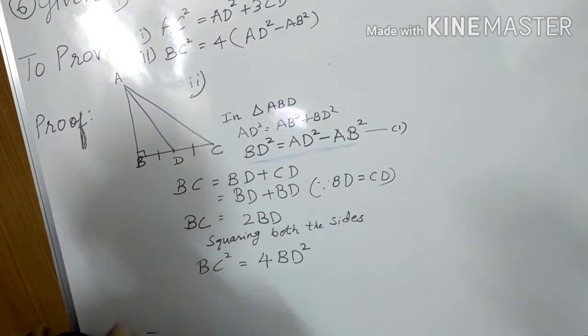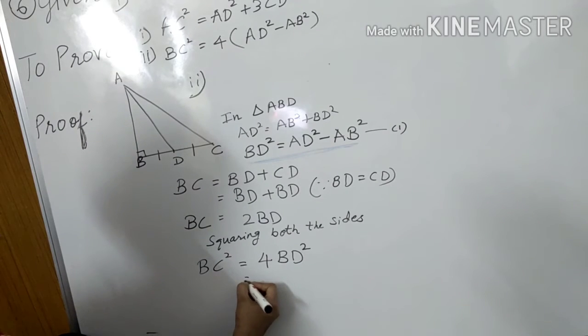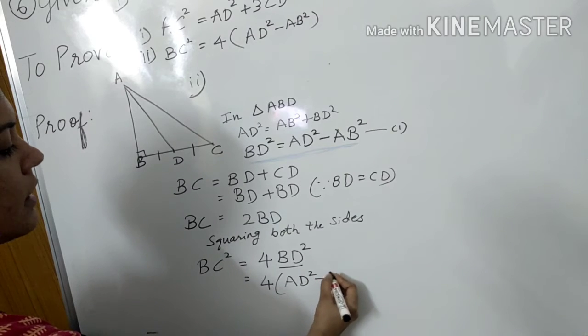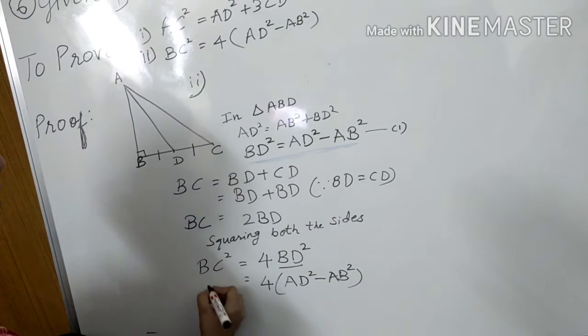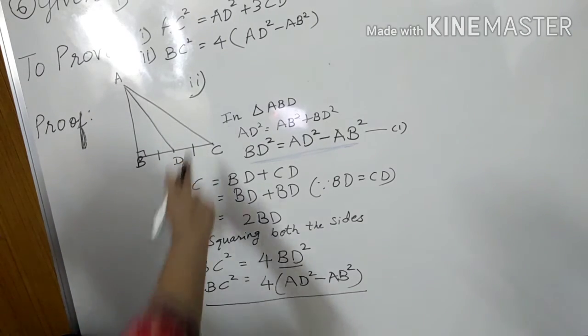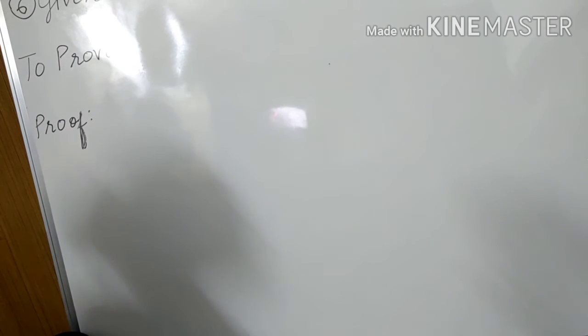You can see this is number 1 result, in which we already have the BD square value, which I substitute here instead of this BD square. So I put here 4 and this whole bracket as AD square minus AB square. So here we have completed our second proof also, as BC square is equal to 4 times AD square minus AB square, which they asked for. Now let us move on to the next question.